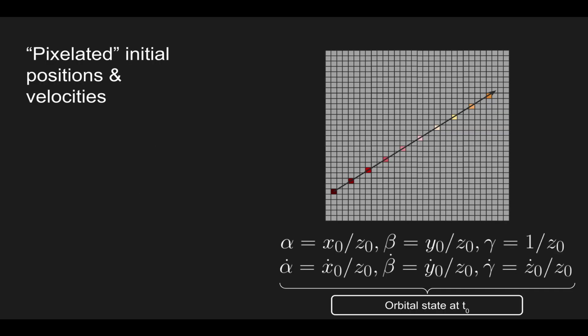But anyway, coming back to these pixelated discrete sets of orbital positions and velocities, we want to think about, okay, we're going to chop them up. We're not going to choose all possible orbits, we're just going to choose discrete sets of them. So how many orbits are we going to choose, and what does that mean in terms of the total number of computations that we're going to have to perform?